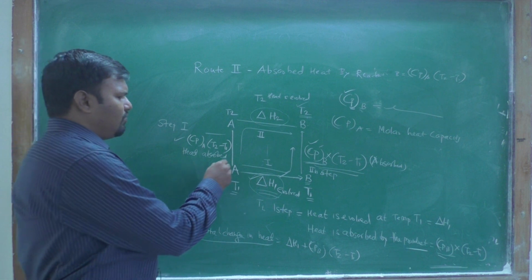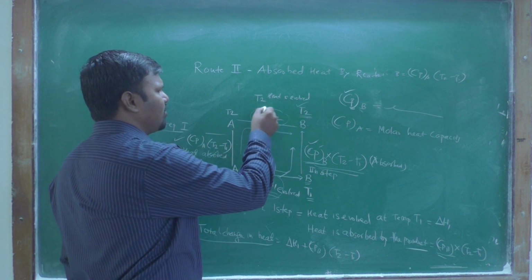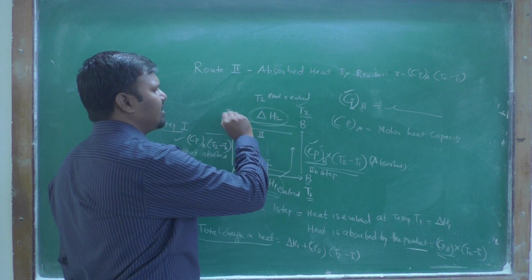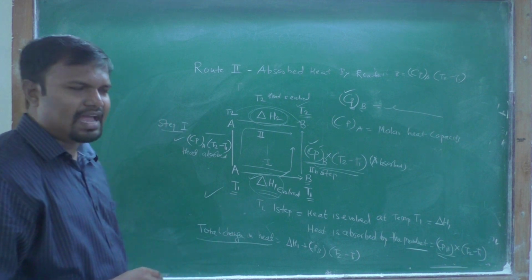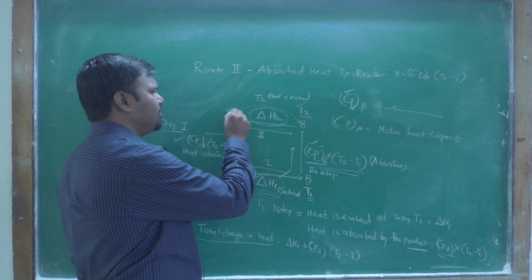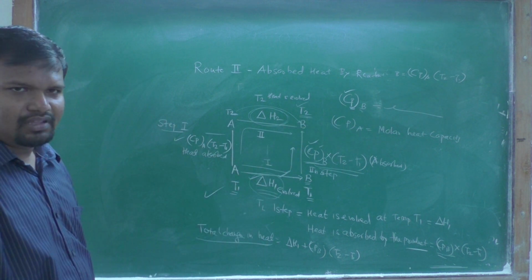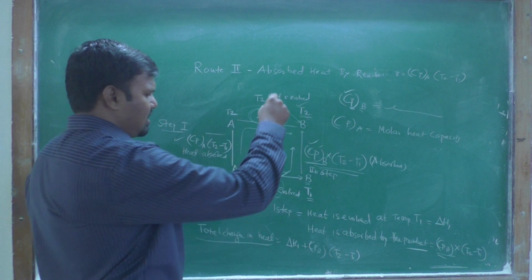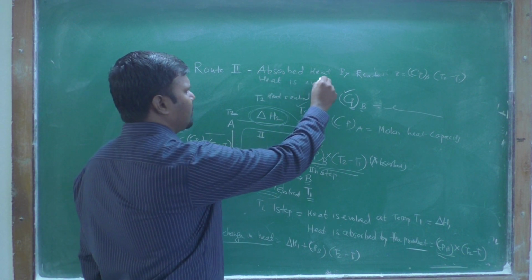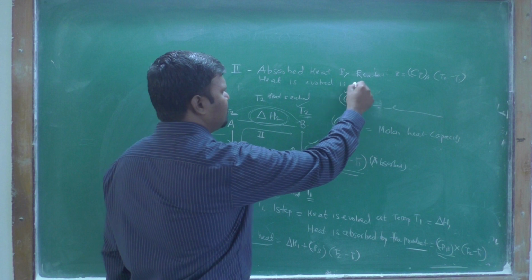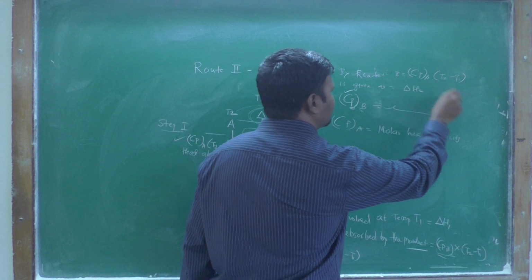Now, the first step is completed. Then heat is evolved by the reactant and it gives the product at temperature T2. Okay, the temperature of A is T2 and the temperature of B is T2. During this process, the heat evolved is given as delta H2.